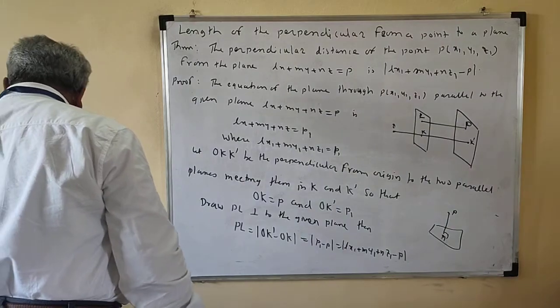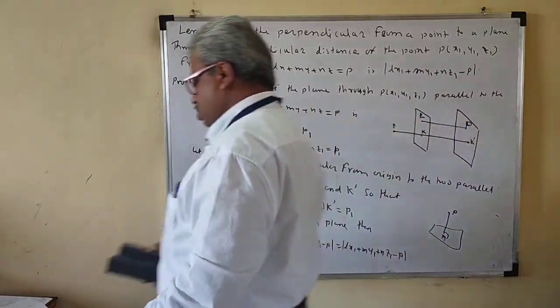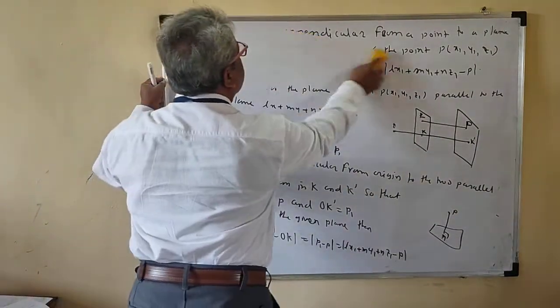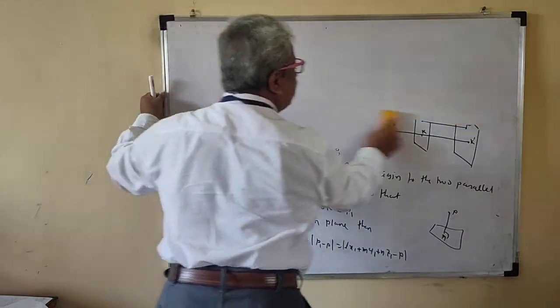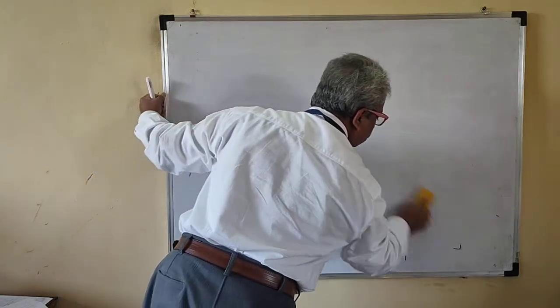Suppose the equation of a plane is not in the normal form, then what to do? So we write a formula for that one. We write it in the form of a note.